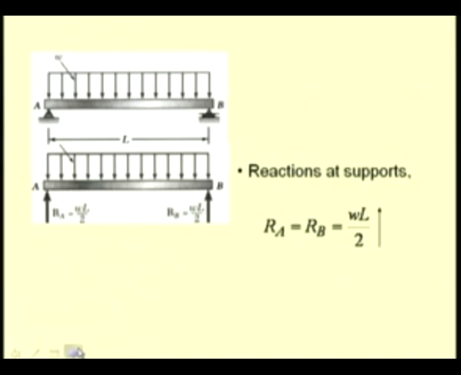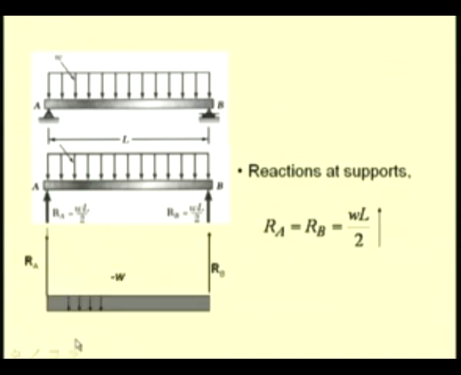Once we have determined these reactions, let us construct what we call the load curve, where we depict all the loads, both the applied load as well as the reactions, in the diagram. We have the reaction RA at A, which is a positive value of magnitude WL by 2.